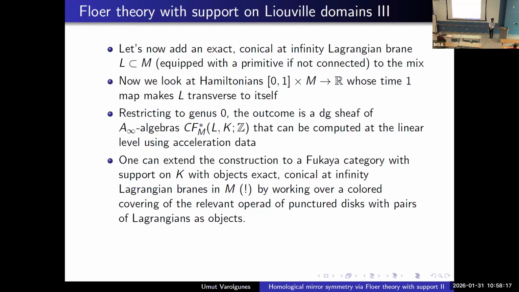For every pair of Lagrangians that I want to consider, that's an object of my multi-category. So I have inputs like L1, L2 object, L3, L4 object, L5, L6 object, and an output like K1, K2 object, let's say. The multimorphism space downstairs is going to be equal to the relevant disk moduli space only if the Lagrangians match.